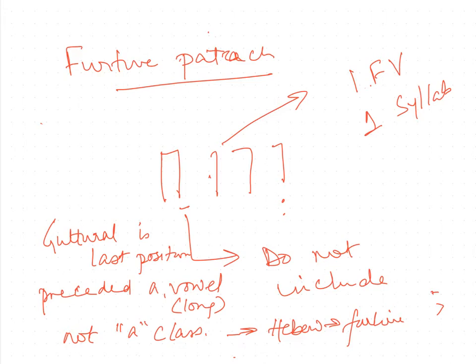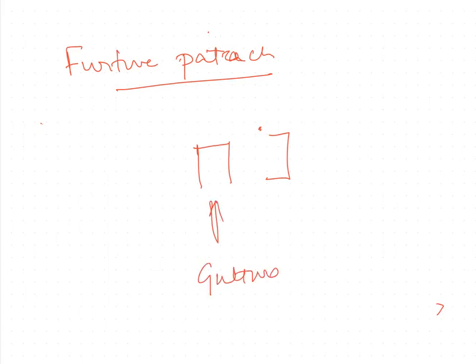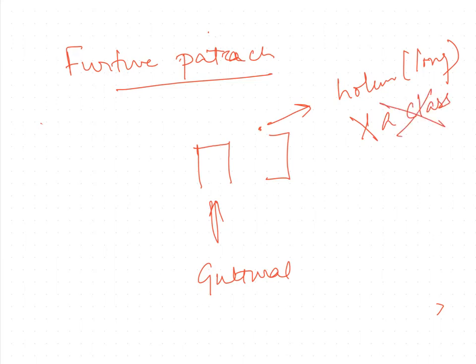Let me show you another word. You have the guttural in the last position, and this is preceded by a kolem, which is a long vowel. It is not of the A class, and therefore what does Hebrew do?